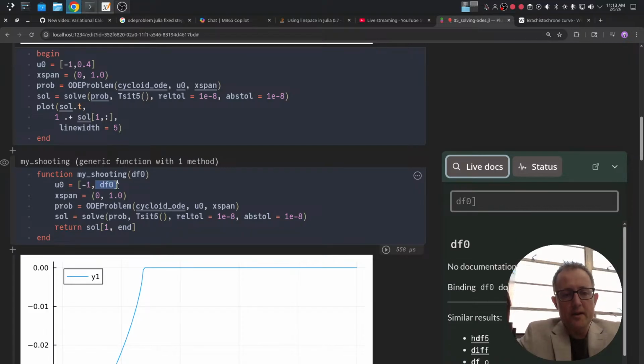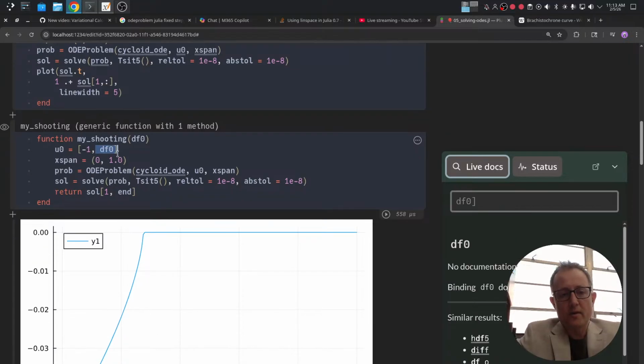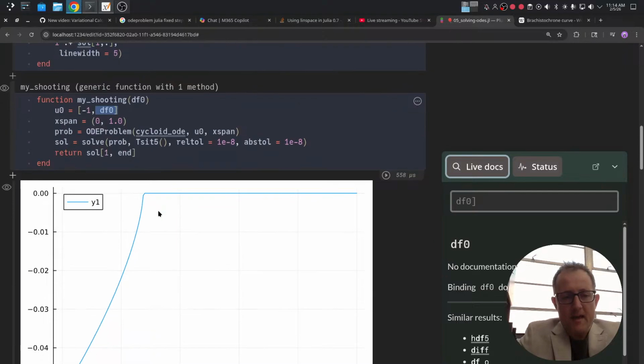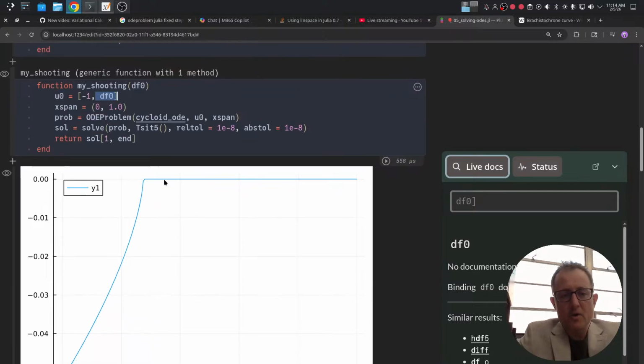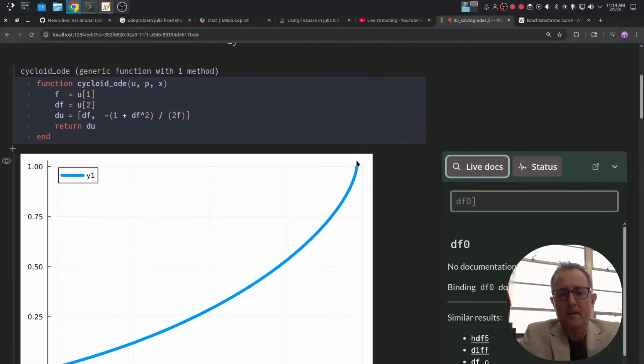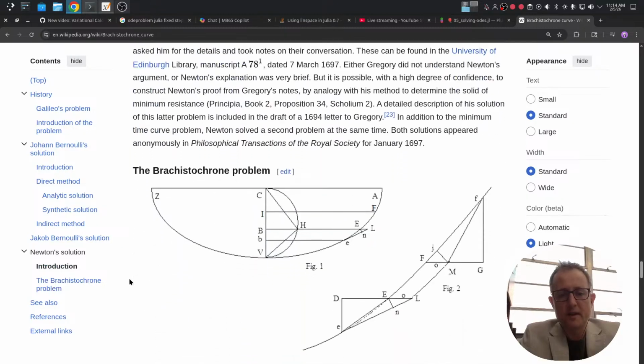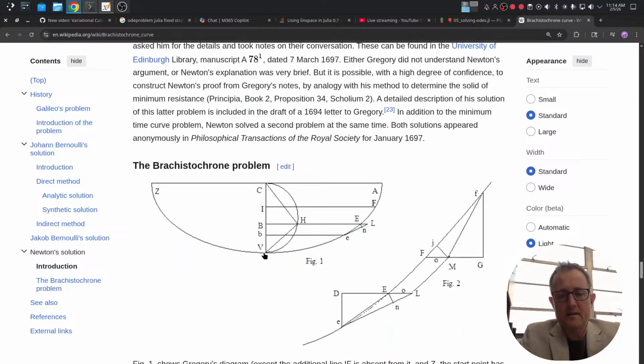So my input is that derivative at f0. What I found was it goes to 0, but it doesn't change. So there's no sign change. It never becomes positive, because it's describing a cycloid, which is this problem of this point being tracked as it moves down.